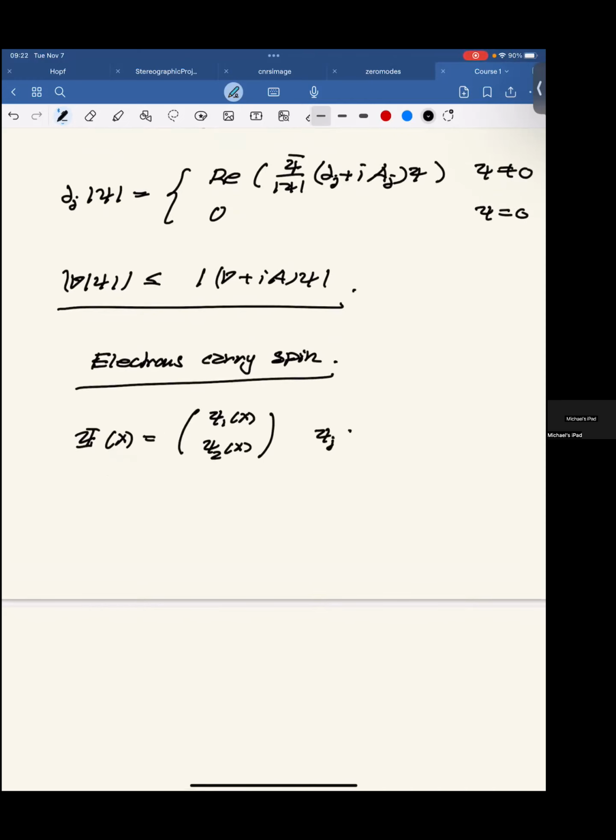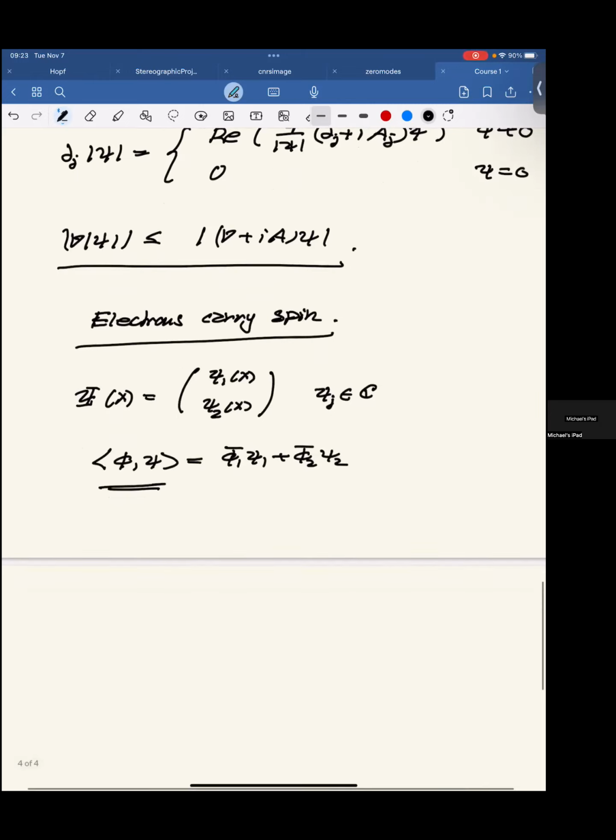Psi_j, there are, of course, values in C. And we put on the usual inner product. When you have two spinors, phi and psi, what is that? That's nothing but phi 1 complex conjugate psi 1 plus phi 2 complex conjugate psi 2. And we note this with this bracket.